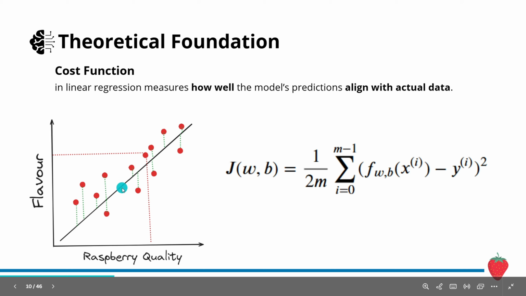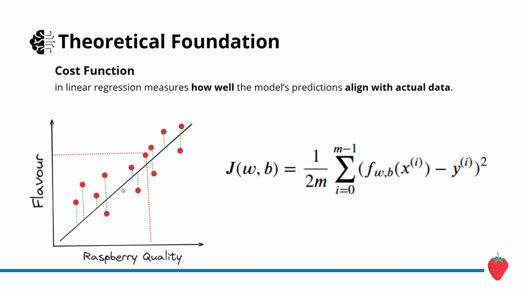In order to know if it fits well, we need to see if the distance between all these dots and the line is quite small, and the smaller it is, the better, except in one case, which we're going to see.